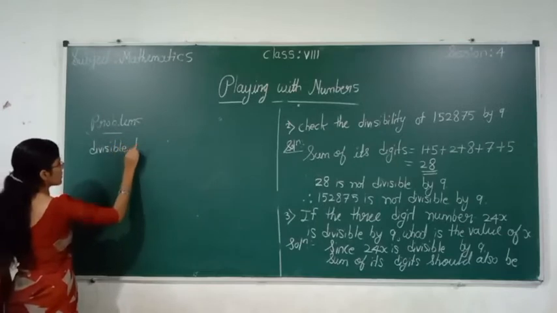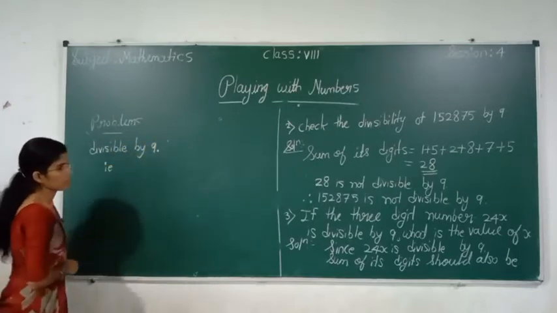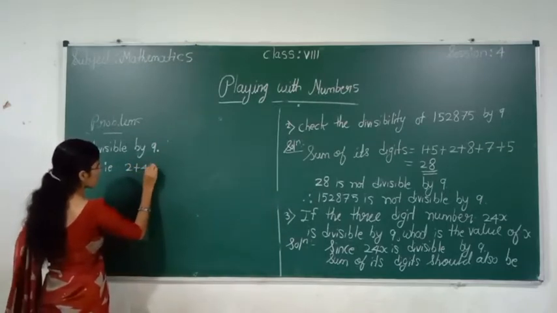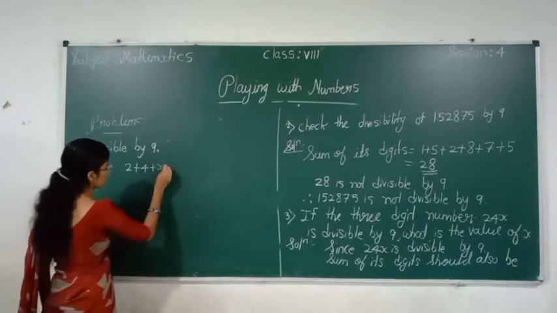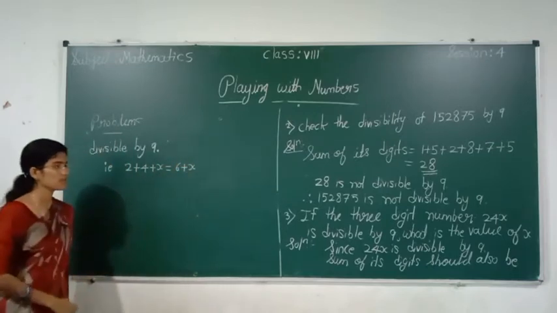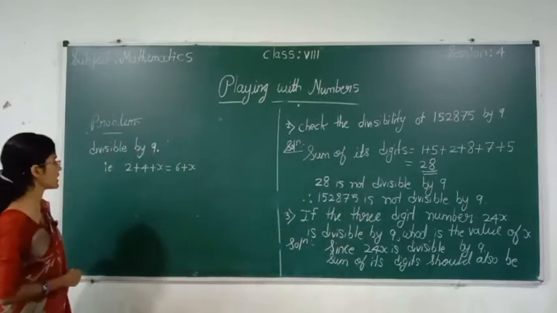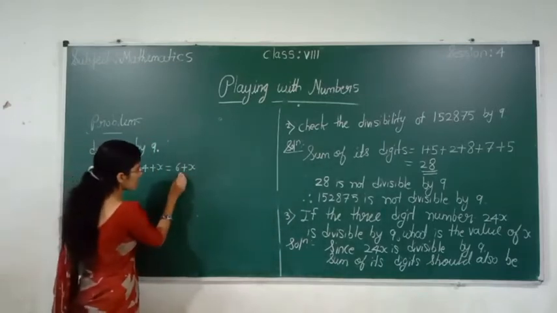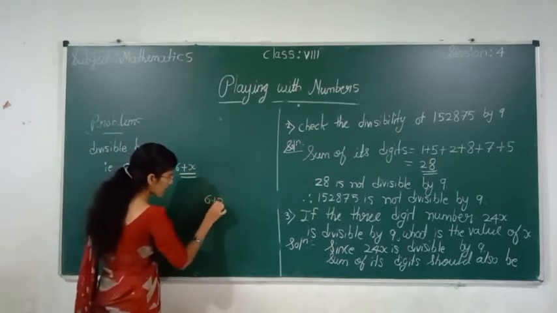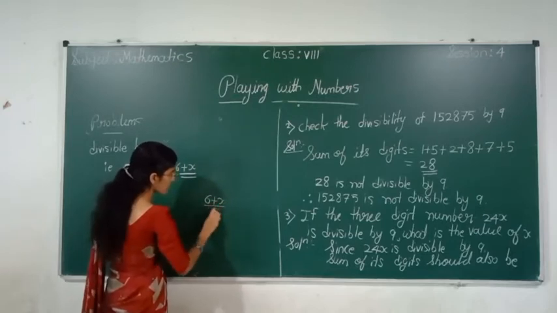That is, 2 plus 4 plus x is equal to 6 plus x. So 6 plus x should be divisible by 9.